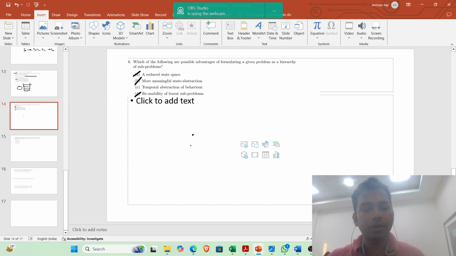Okay, that is one important thing. The temporal abstraction of behavior. So you are taking all the sequences and transitions together to create a larger problem in which the temporal importance reduces. So temporal abstraction of the behavior. So all of these are correct.